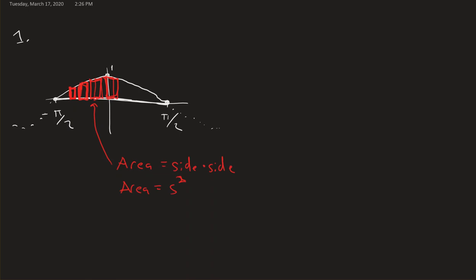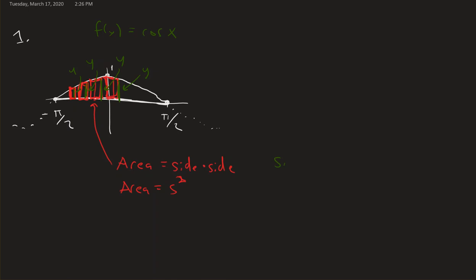And the length of the square would be this, or this, or this, or this. It changes based on x, and all of these values are the y value for that x value. And so that's where it's helpful to know that y is coming from the cosine of x.